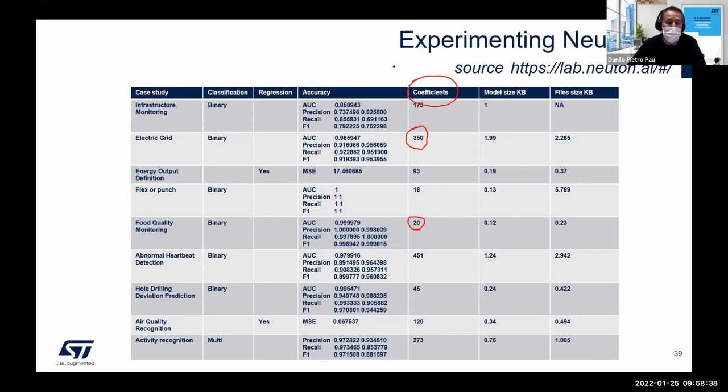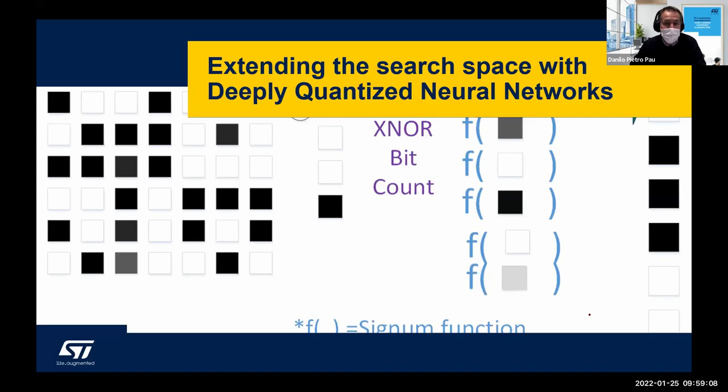A machine learning pipeline with so few coefficients is by construction a tiny pipeline. And then it's obvious that the model size is 1 kilobyte or even less, and the footprint of the deployable model is a few kilobytes. This is relevant to address what I call in-sensor neural computing, and we will have a quick look at what I mean by that.